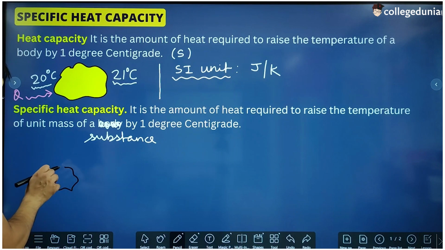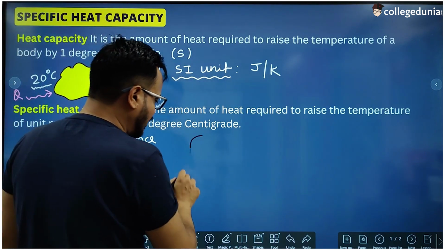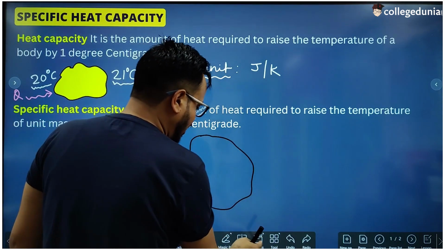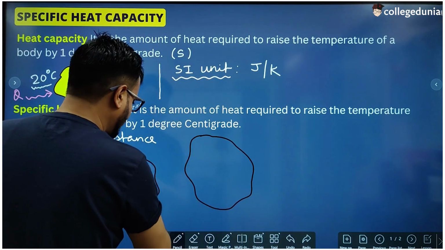We have 3 pieces of copper: one small piece, one big piece, and a third one that is a very big piece. All these 3 pieces are of the same material, say copper.